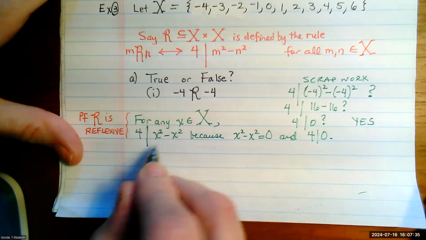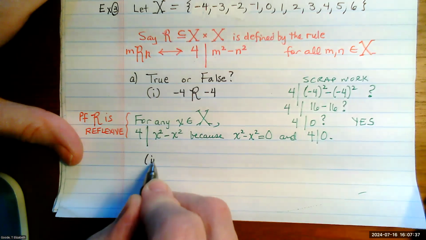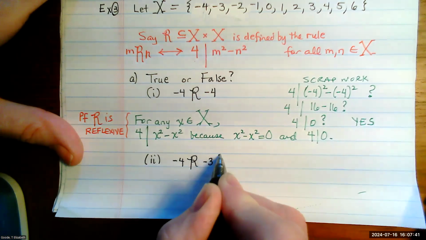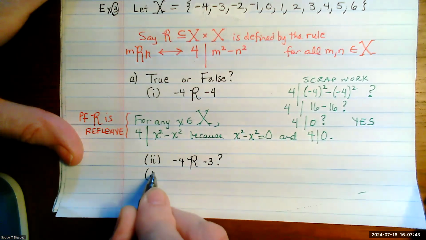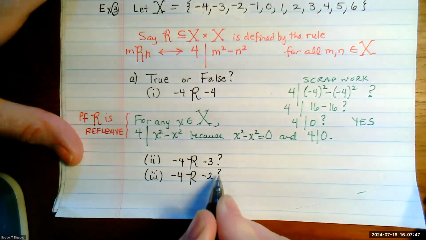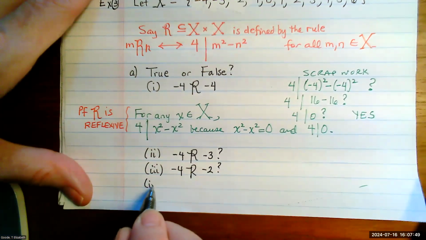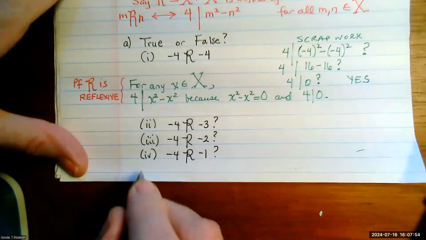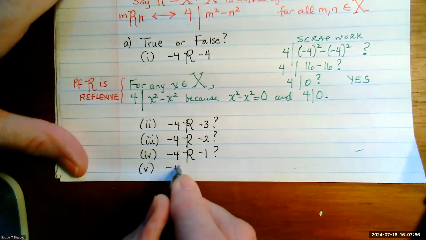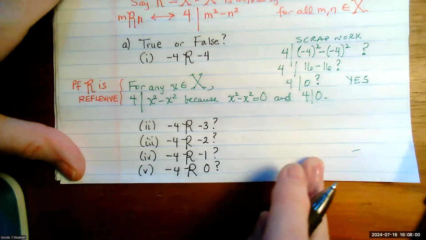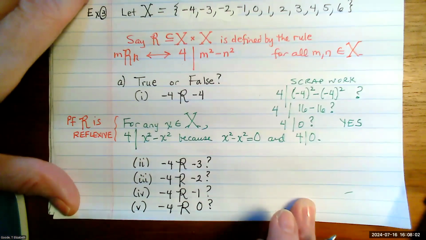So let's take a look at some other elements. Is negative 4 R to negative 3? Is negative 4 R to negative 2? Is negative 4 R to negative 1? Let's see if we can figure out what negative 4 is related to, and maybe we can see a pattern.